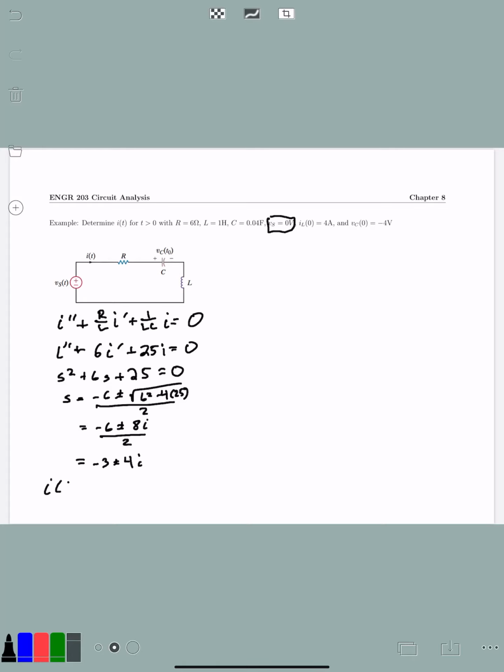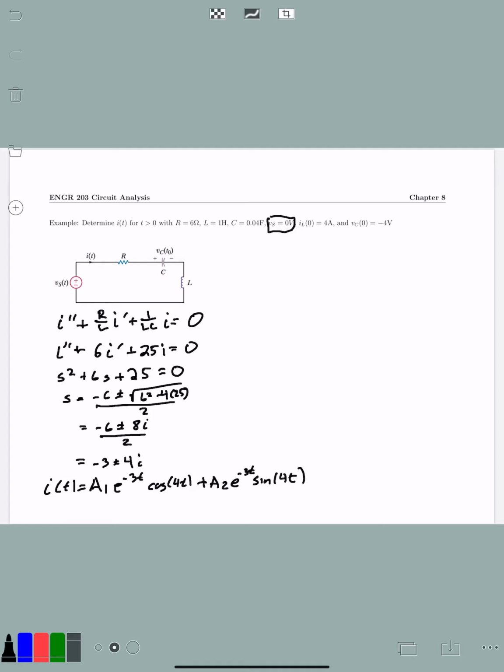And that means we now know I of t is a1 e to the negative 3t cosine 4t plus a2 e to the negative 3t sine 4t. And so now we have to do all the work to find a1 and a2.